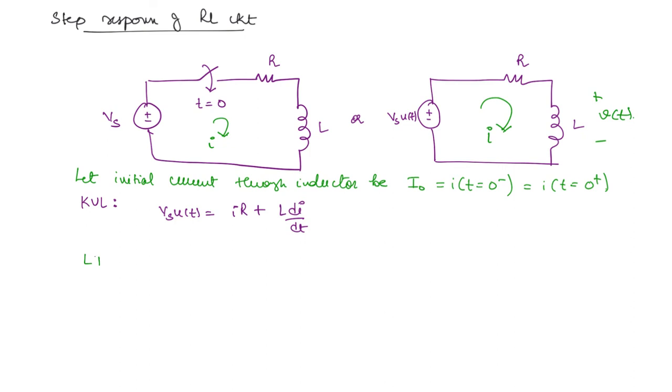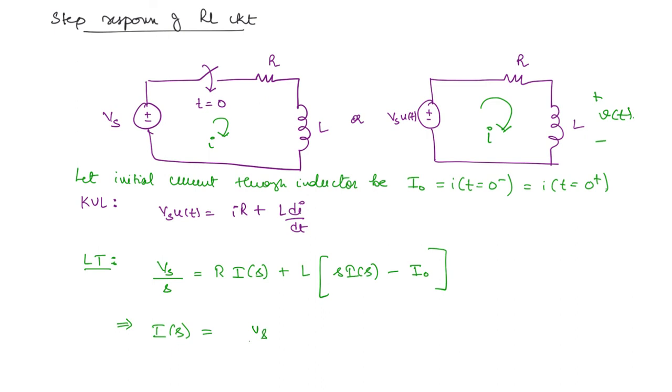Now here if you apply the Laplace transform, what you are going to get, Vs by S is equal to R times I of S plus L into S I of S minus the initial value of current, which is I naught. So from here you are going to get I of S is equal to Vs by S plus L I naught divided by R plus SL.